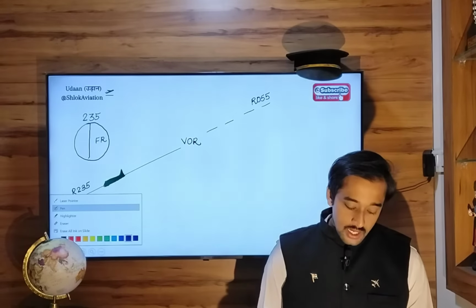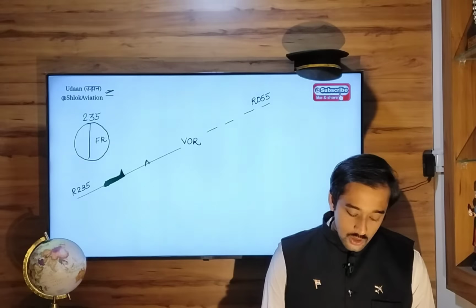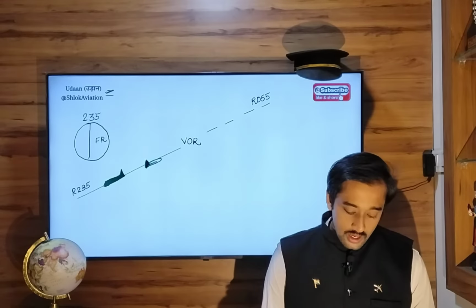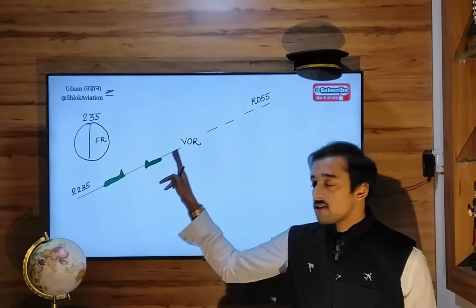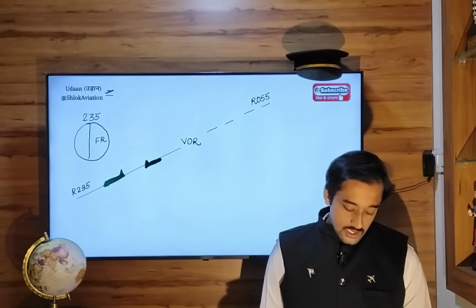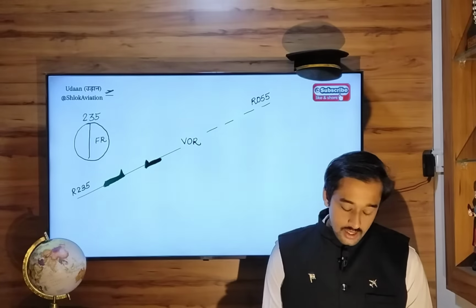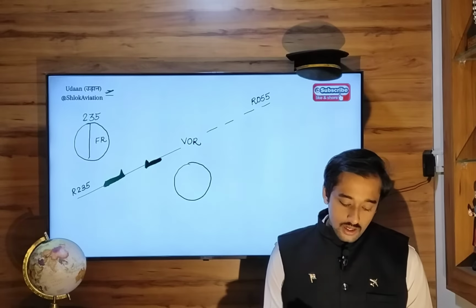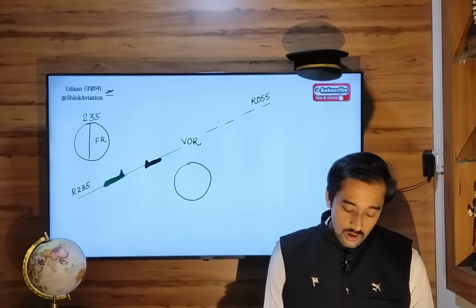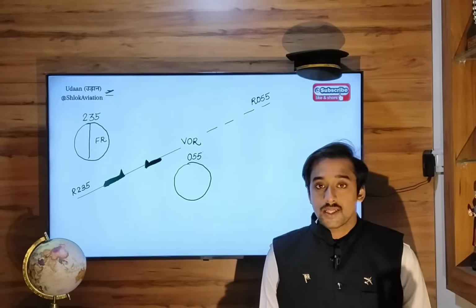The second possibility is you are flying on this radial 235 and you are going towards the VOR station. In that case, what settings will you put? In that case, you will put 055 in your OBS selector.